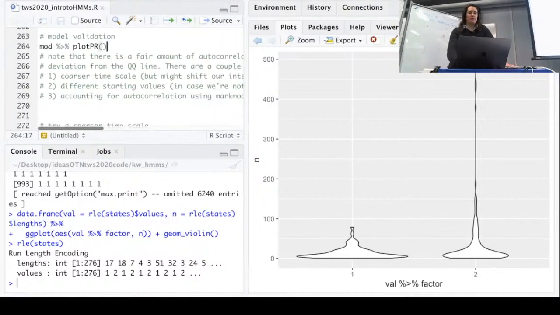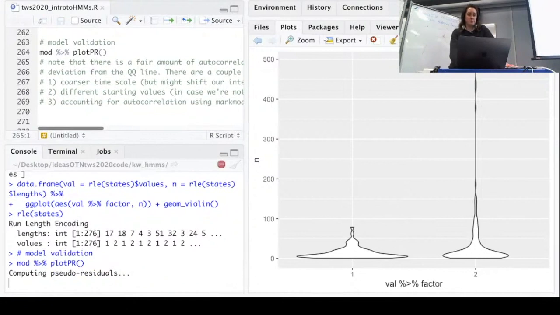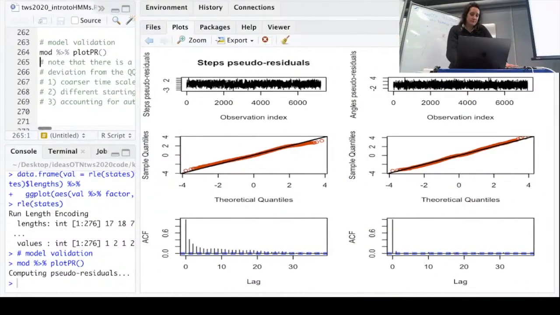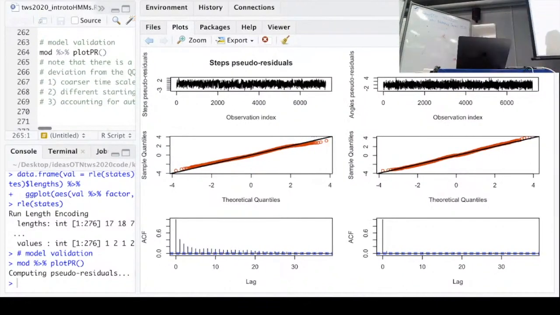You can also, again, plot the residuals. This is super important. Here we have a couple different plots. In the first column we have step lengths, and in the second column we have the angles.